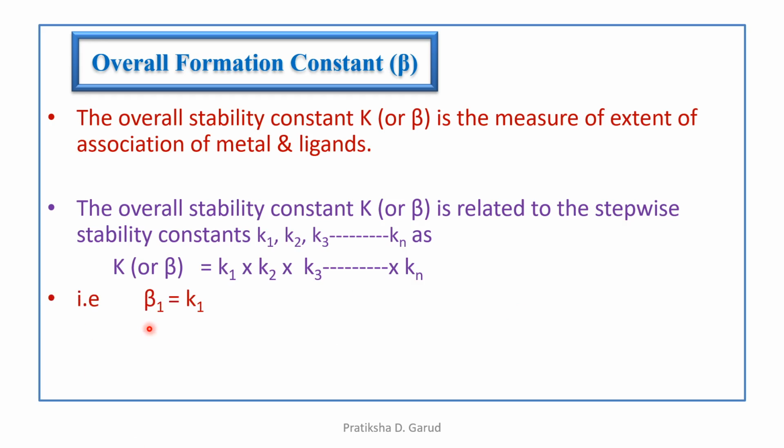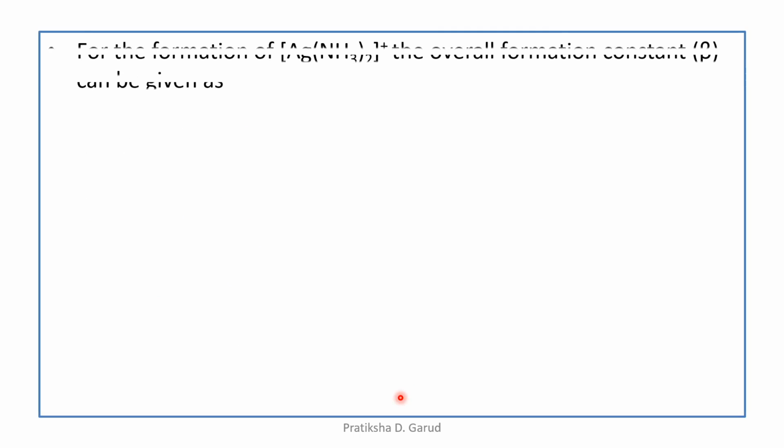That is B1 is equal to K1, B2 is equal to K1 into K2, B3 is equal to K1 into K2 into K3, etc. So let us explain this by taking an example.